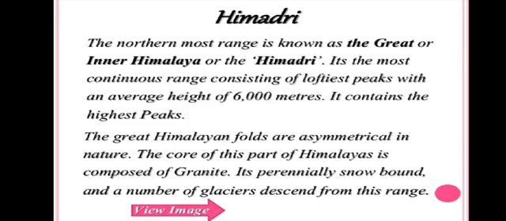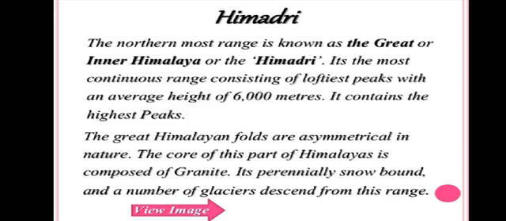What is the average height? 6,000 meters, and it contains all the prominent peaks, and it remains snow covered throughout the year, resulting into formation of glaciers and some perennial rivers. What are perennial rivers? Perennial rivers are those rivers which contain water throughout the year because they are formed out of glaciers, melting of glaciers.